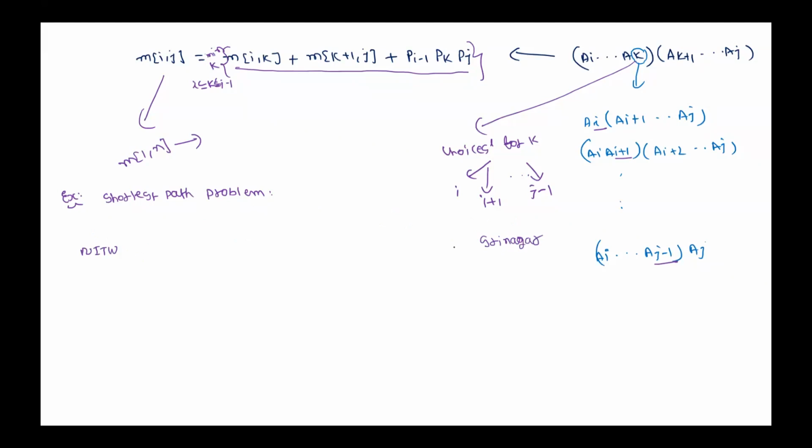We need to find the shortest path. Let us assume the shortest path value, and these are not exact values, is 4,230 kilometers from NIT Warangal to Srinagar.